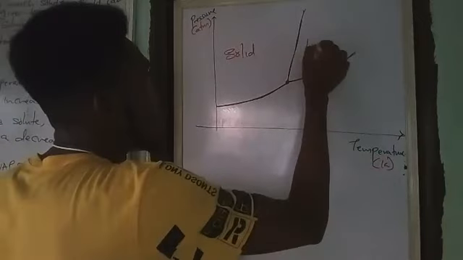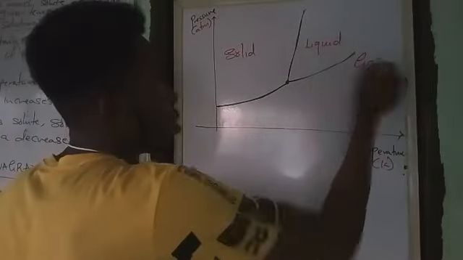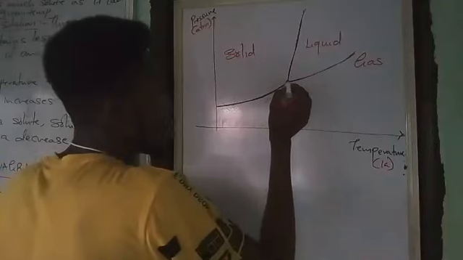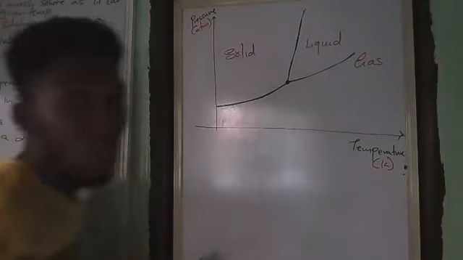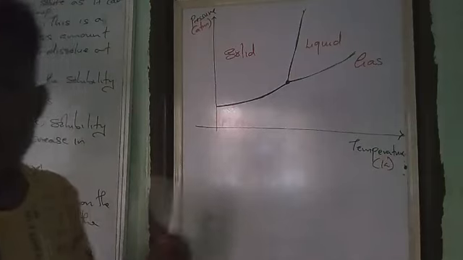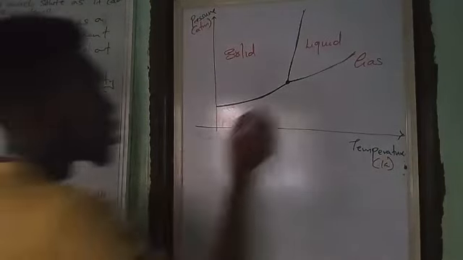There is our liquid phase, compressible liquid phase, and this other region here stands for our gas phase. Now this point right here is called the triple point. Are you getting me now? It's called the triple point.